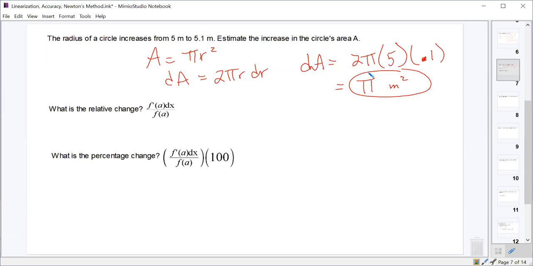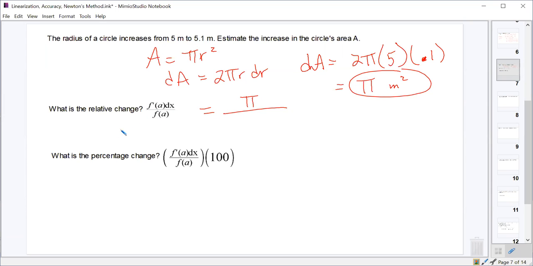Then you're going to be asked this year to find what we call the relative change and what we call the percentage change. So the relative change is just how much it changed by, which was about pi, divided by f of a, that's f of our original amount.